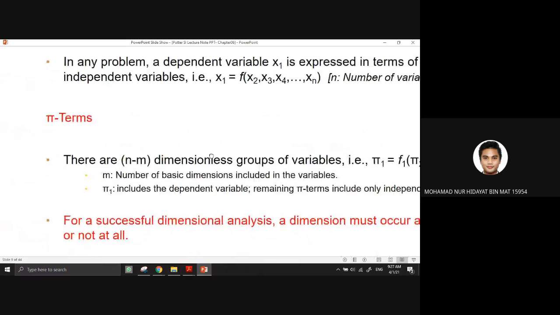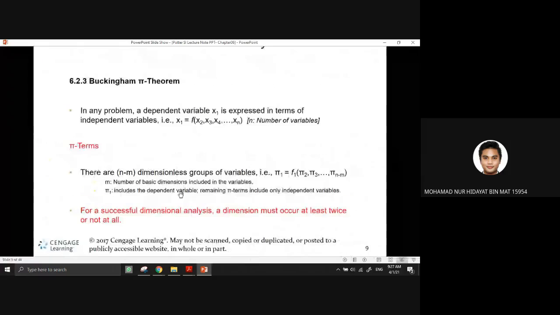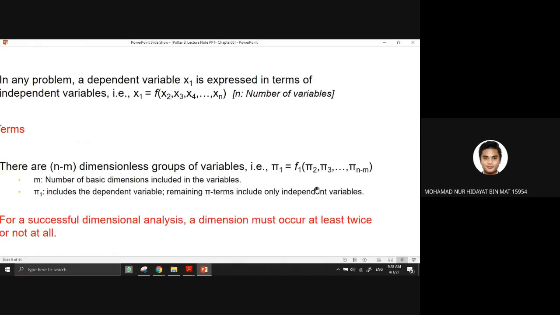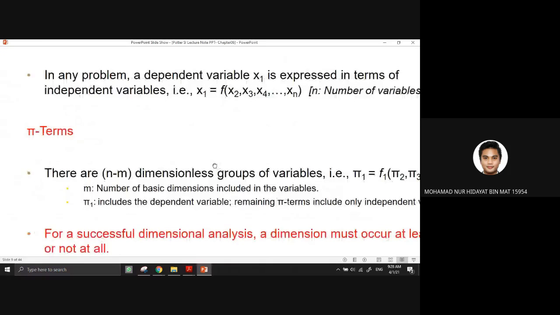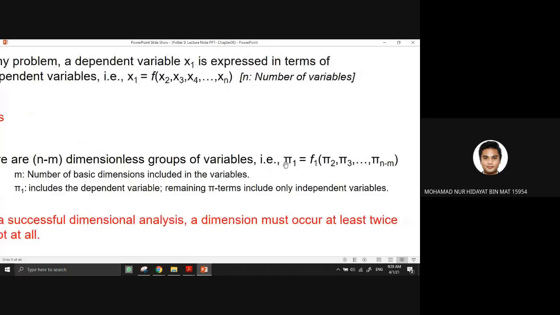So the pi term refers to the number of pi, the number of groups. For example, if we have 4 pi terms, that means pi term number 1 should be placed as the dependent, and pi term number 2 placed inside the independent variables. This is pi 1 equals the function of pi 2, pi 3, and so on.